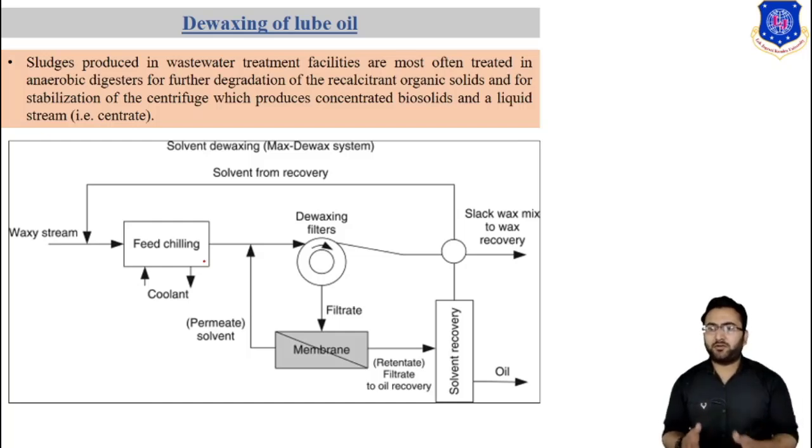Now let's discuss the dewaxing of lube oil. Conventionally, dewaxing of lube oil is carried out by solvent extraction. Here lube oil is mixed with solvent and the mixture is cooled down to 20 degrees Celsius, the temperature at which crystallization of wax takes place.